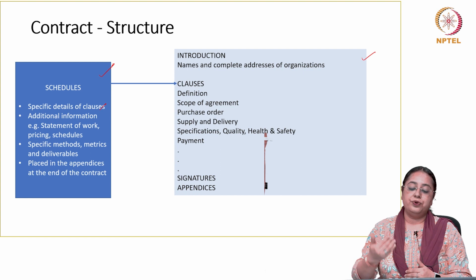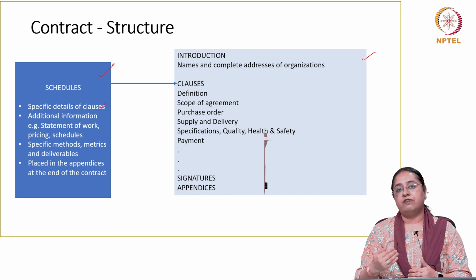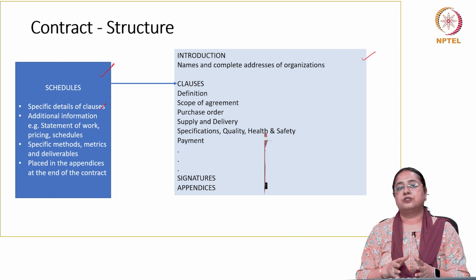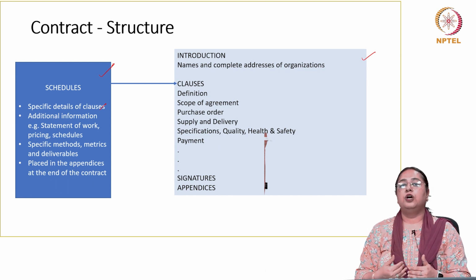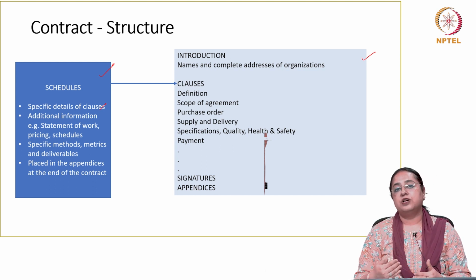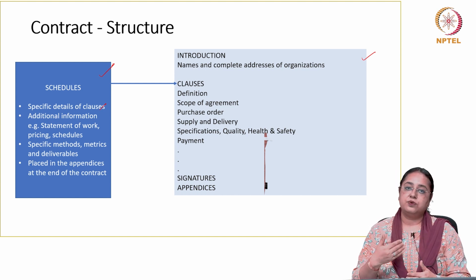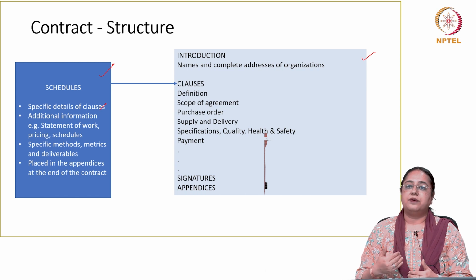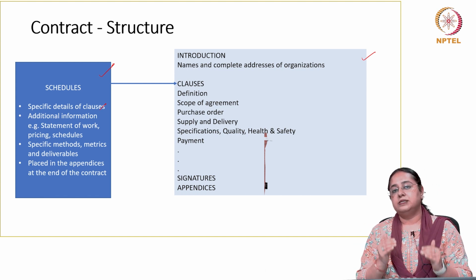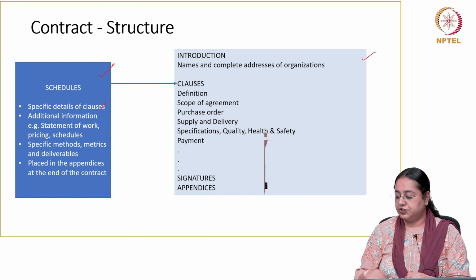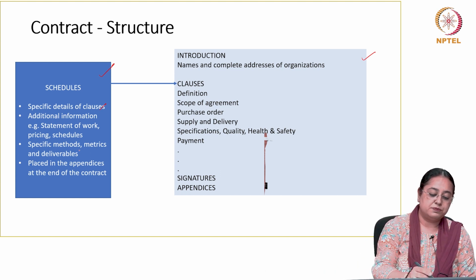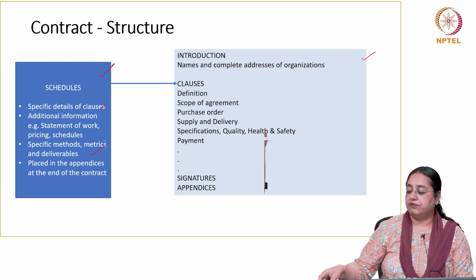Though schedules will be positioned after the clauses in a contract structure, don't forget to give details about each clause if required in the schedule. That means the clauses are written keeping in mind that the details would be provided in the schedule, right? For example, specific methods, metrics and deliverables.